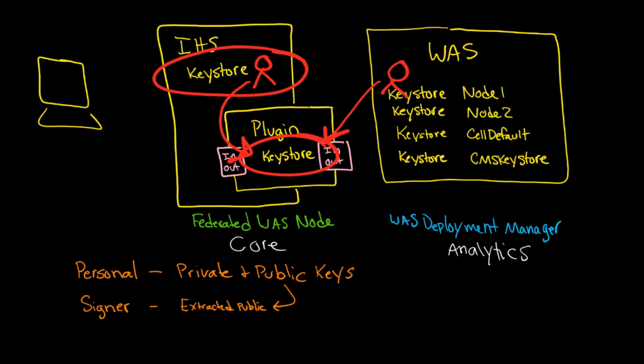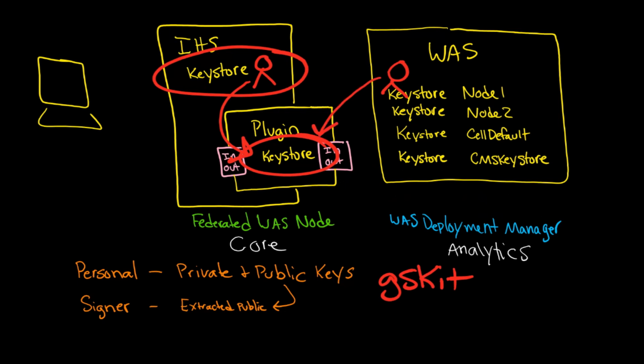Now, if you don't have one of these certificates in the keystore that it needs, if, for example, it's not in the plugin keystore, then you are going to get error messages, and generally they'll come from GSKit. They should be pretty obvious, things that say this certificate was a bad certificate or it just wasn't there.